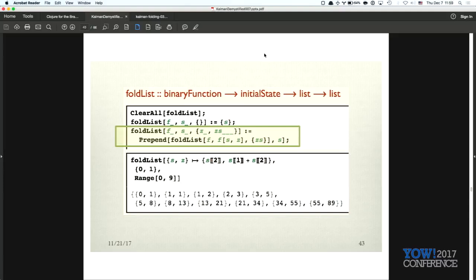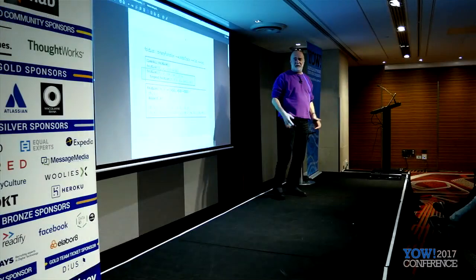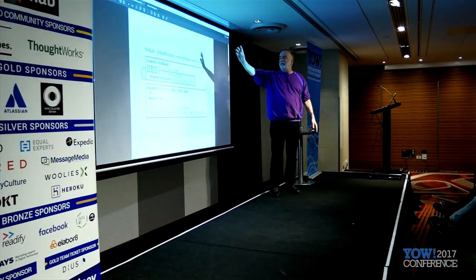We've seen now that any fold, and you Haskellers will know this as scan, but I'm finessing the difference between folding and scanning because I always want the intermediate results in the case of Kalman filter. The difference between folding and scanning is that fold gives you just the final answer, and scan gives you all the intermediate steps, which is what I want. Remember the blue box. I always want all the intermediate steps.